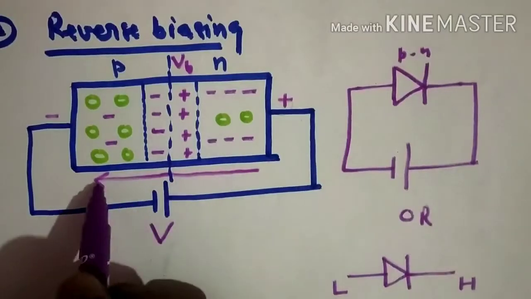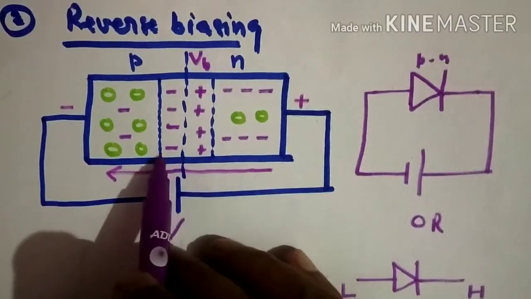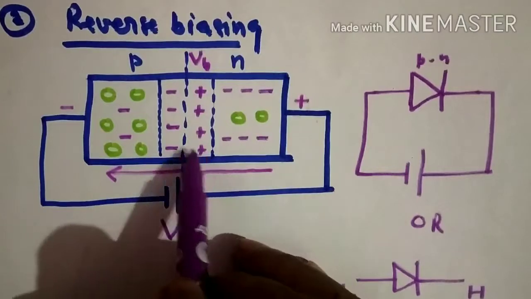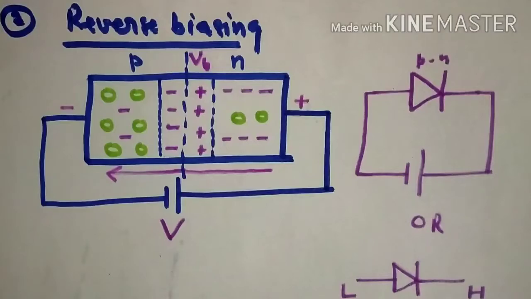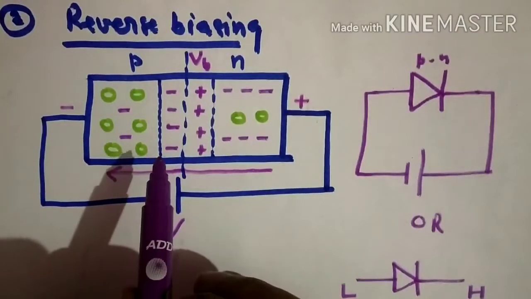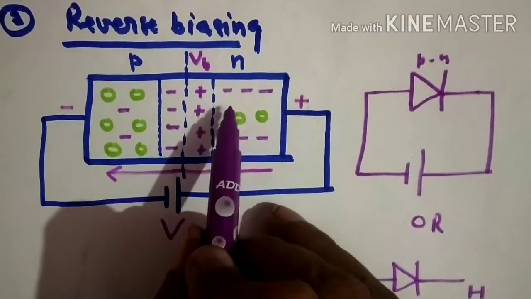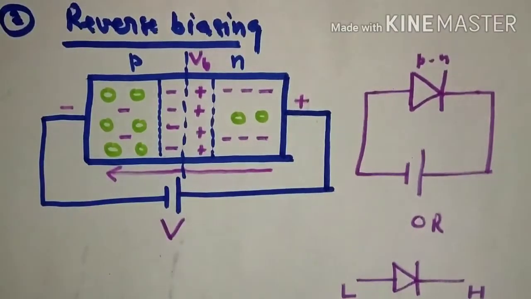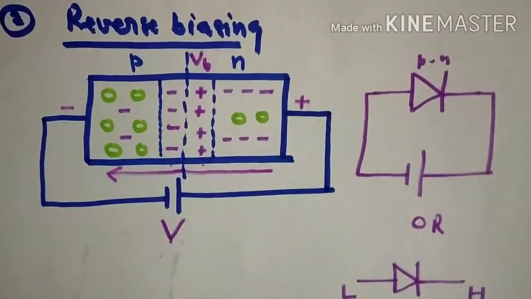But most of the potential drop takes place only across the depletion layer, because in the depletion layer there is net charge zero, and it has a high value of resistance. Why? Because it is the depletion layer that had stopped any diffusion of the current carriers. So most of the potential drops across this depletion layer.